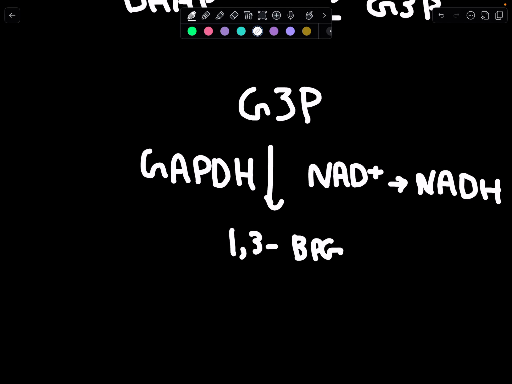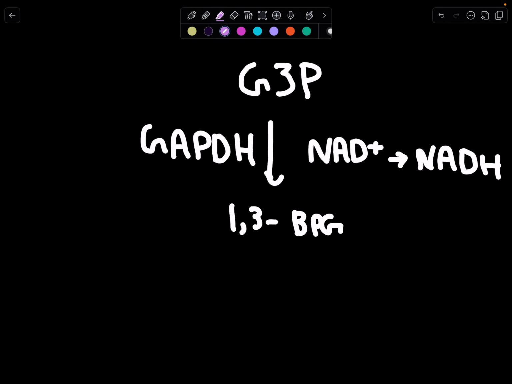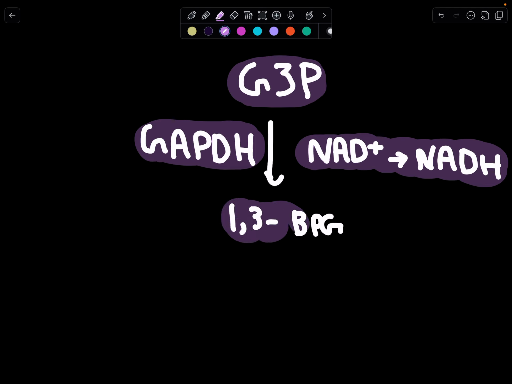DHAP doesn't just sit there though, it gets converted into G3P by an enzyme called triose phosphate isomerase. This happens because the glycolysis pathway is set up to process G3P, so DHAP is quickly transformed to keep the flow going, essentially doubling the G3P molecules for the next steps.